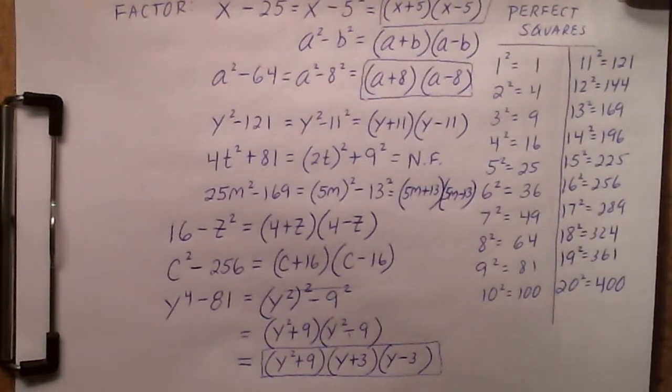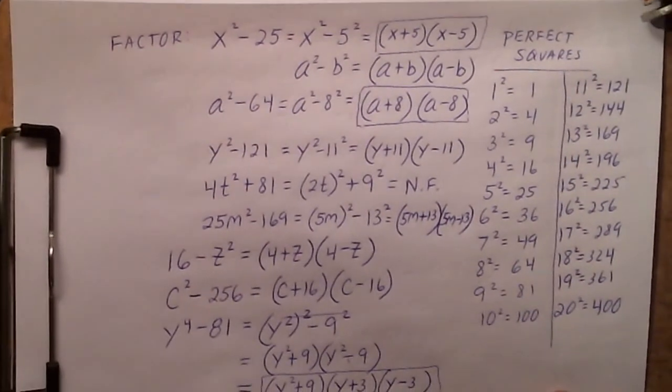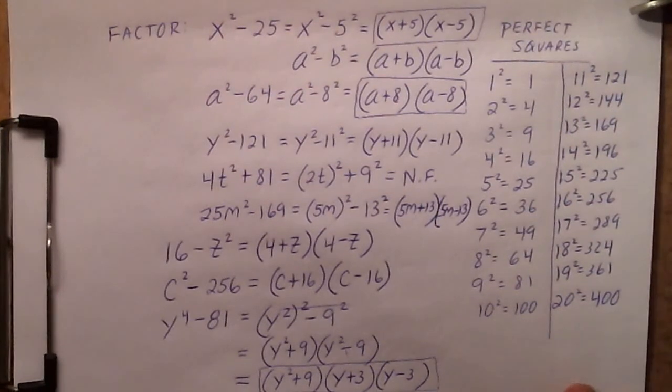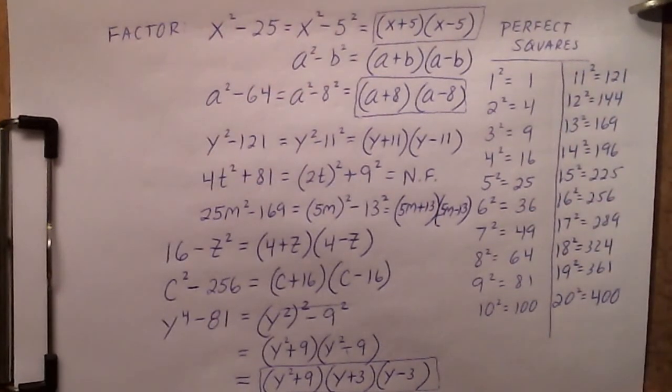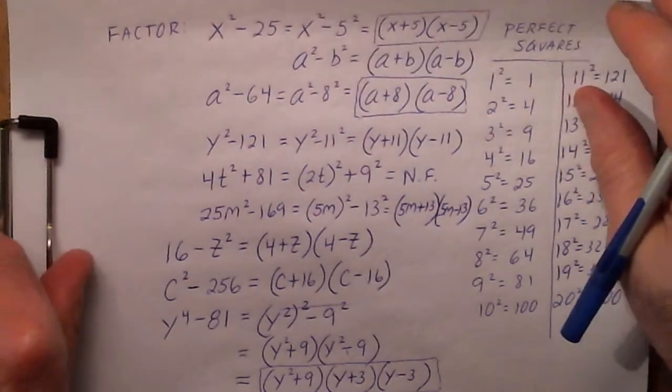All right, so that gives us a good workout on how to factor the sum and difference of squares. Now we're going to look at how to factor the sum and difference of maybe some perfect cubes.